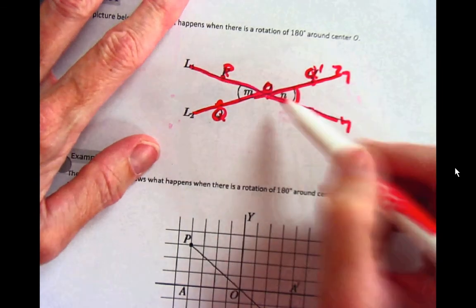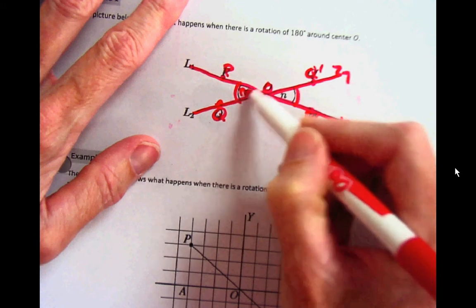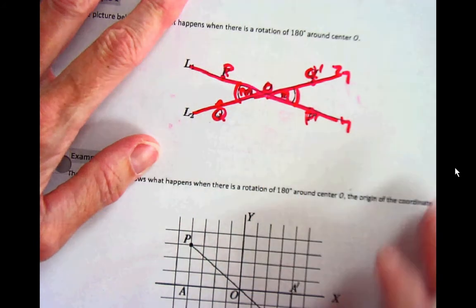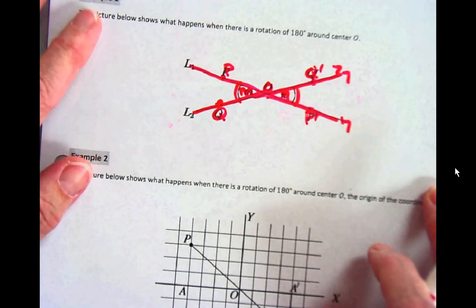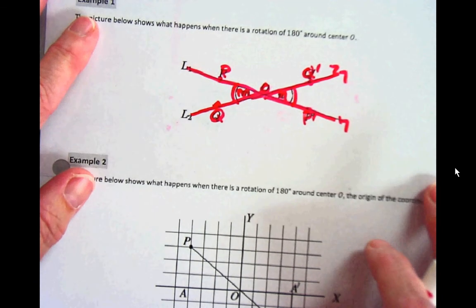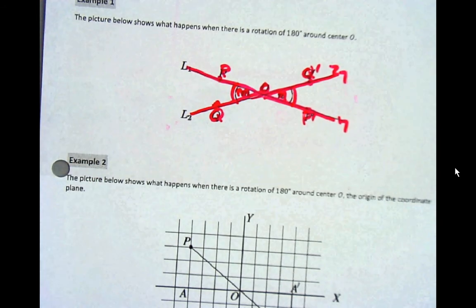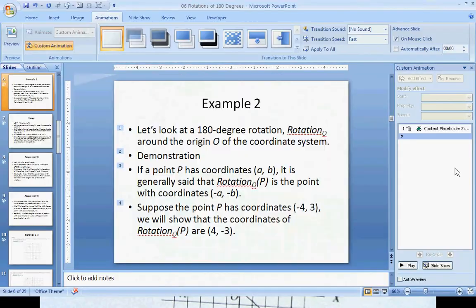And because we map this onto here, we know that M and N are equal in degrees because, again, rotation is degree preserving, that we did in the other lesson. So that's one way to show that when you have lines that form vertical angles, it's just the fact that we can rotate that angle 180 degrees.